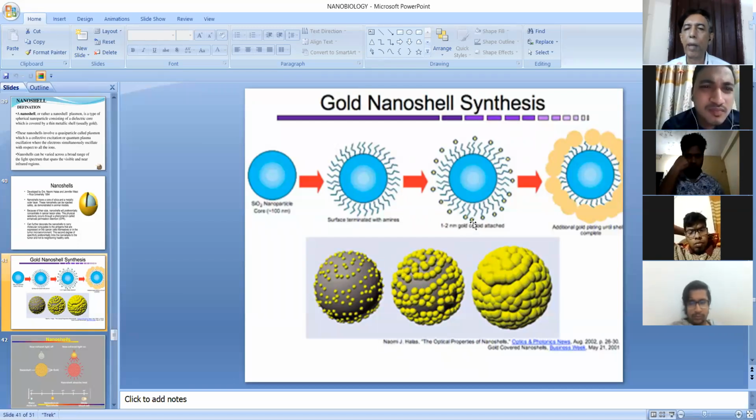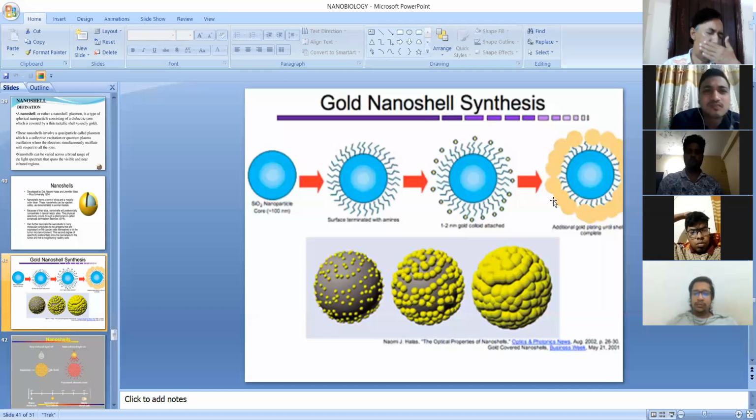In that amine, you attach the gold atoms. This is the actual mechanism of nanoshell synthesis. You see, there is a core, and these are the shells.